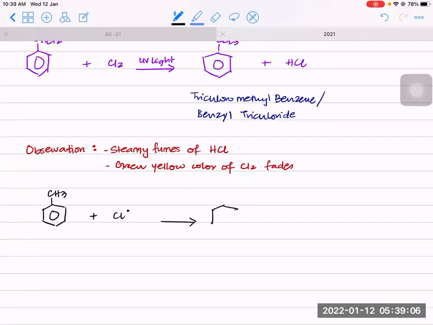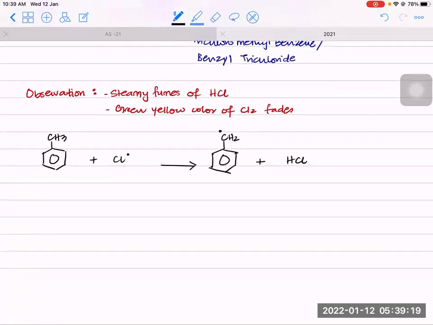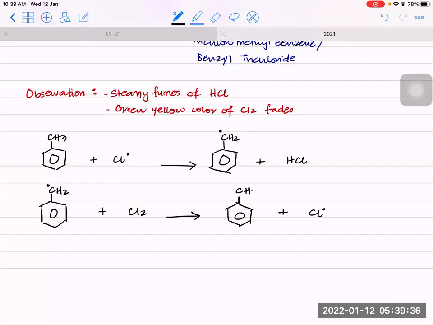You remove one hydrogen, so carbon takes its electron back and becomes a CH2 radical plus HCl. Yes. Now you have this carbon with a radical. This will now react with another chlorine molecule to make two radicals. One will be given off as it is, and the other will bond with this, giving you CH2Cl.